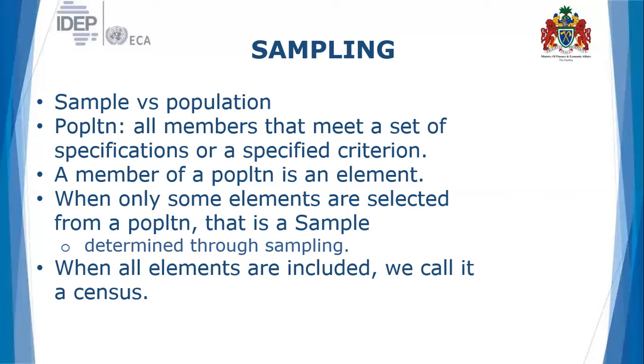In other words, a sample is a subset of a population, or a sample is a small proportion or portion of the population. And this sample is determined through the process known as sampling.